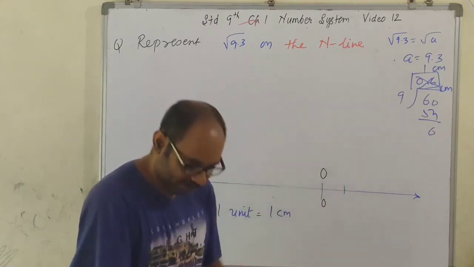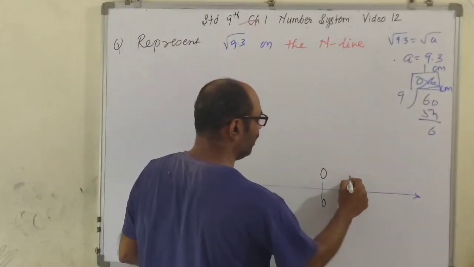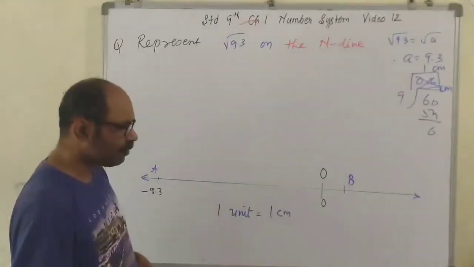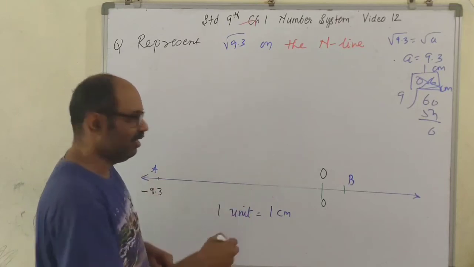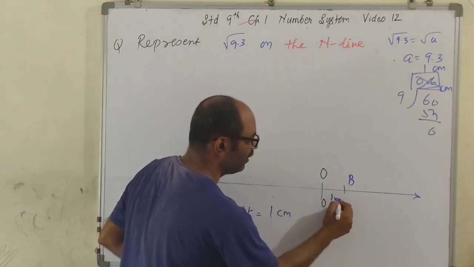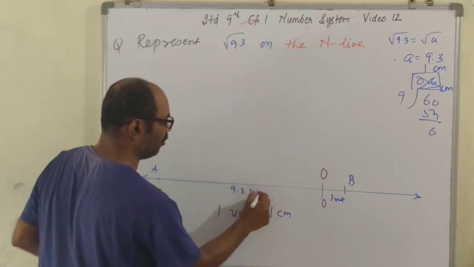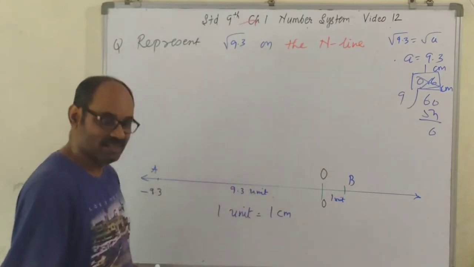Alright. That point is B. After A, let me say this is B. Alright. O is the origin. Okay. Fine. AB, this is 1 unit. AO is 9.3 units and 1 unit is 1 centimeter.